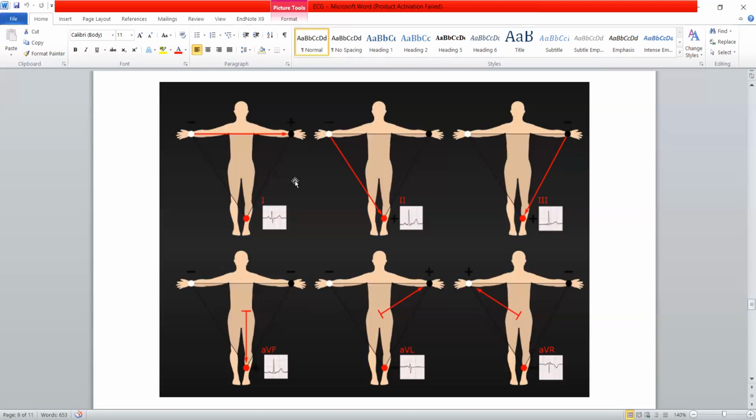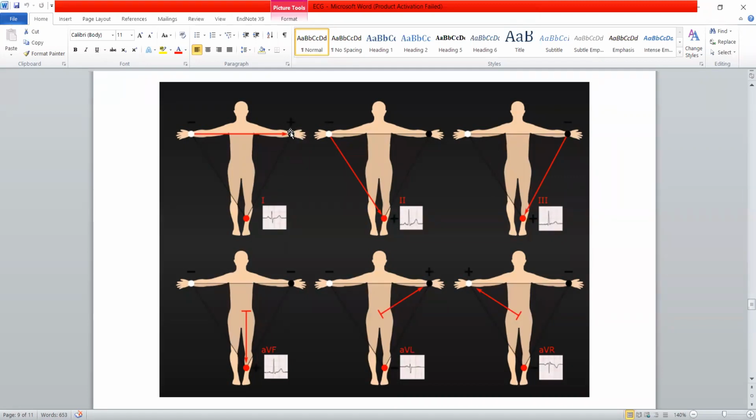Now can you see that in the chest leads, V5 and V6 were looking at the lateral wall of the heart. Lead 1 has a positive terminal here on the left arm, so lead 1 is also looking at the heart from a lateral position because the arm is lateral to the heart.